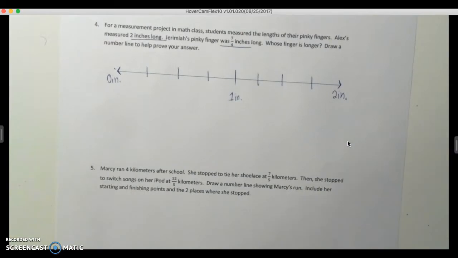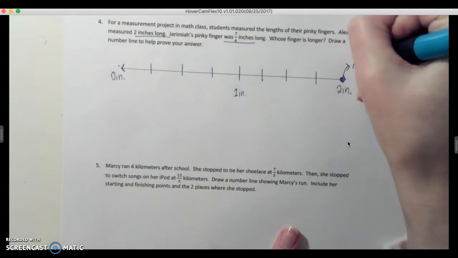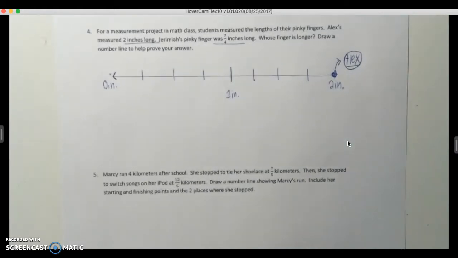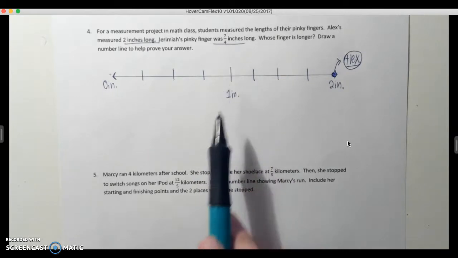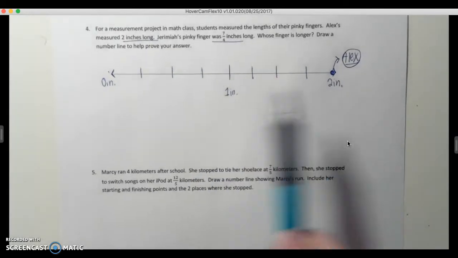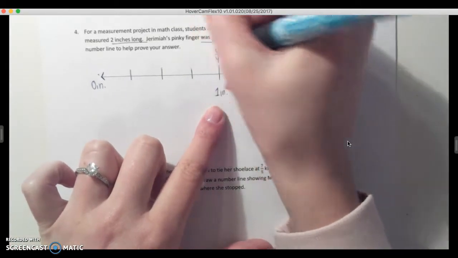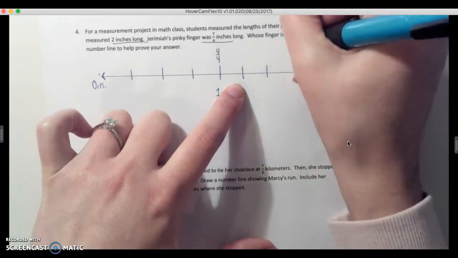Okay, so now Alex's is 2 inches long. So I'm going to put a dot here, arrow it, and I write Alex because that's his pinky finger measurement. Now Jeremiah's pinky finger was 7/4 inches long. So I know that's bigger than 1. So let's see where that ends. If 1 is 4/4 of an inch, this would be 5/4, 6/4, 7/4.